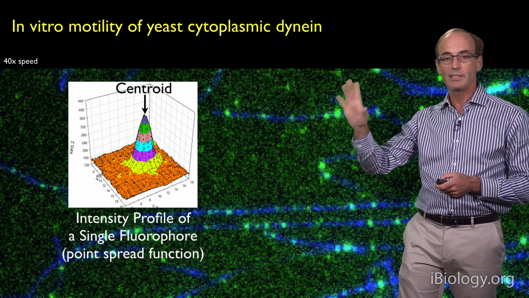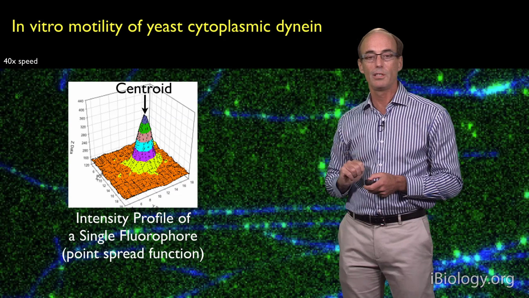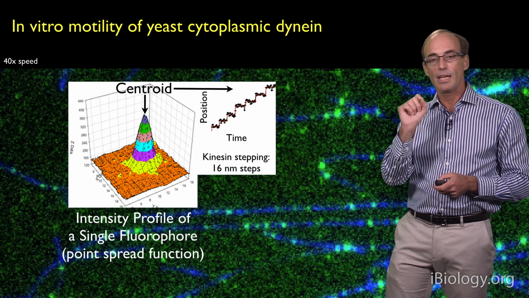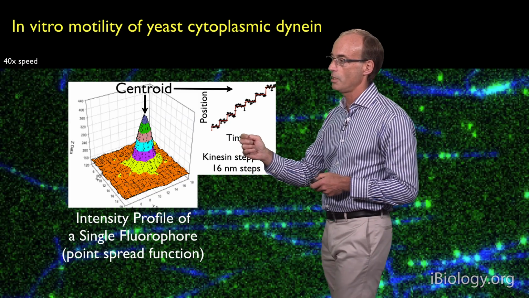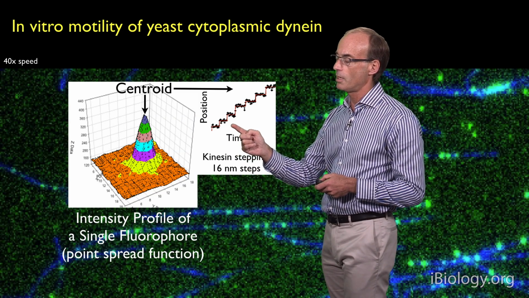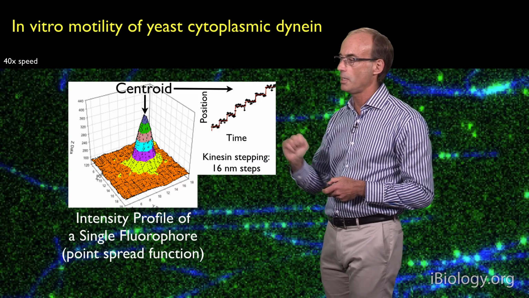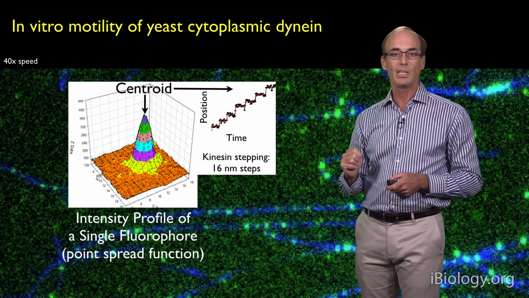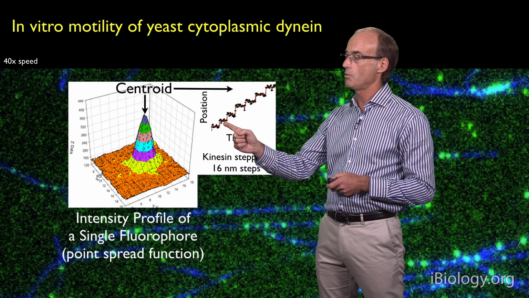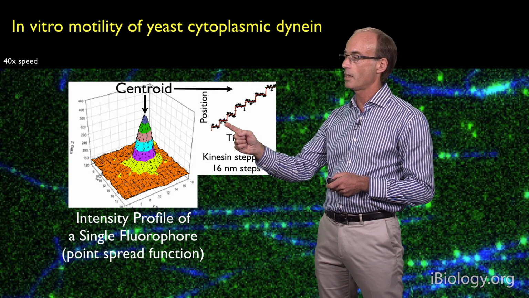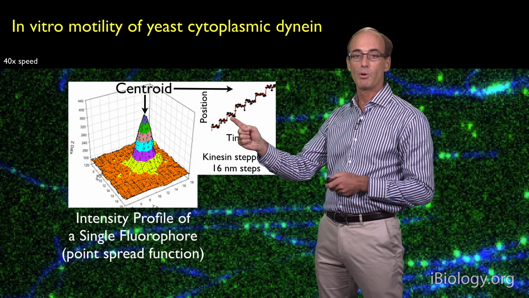Now, you can take successive snapshots of Dynein moving along the microtubule, and at each snapshot, you can mark the position of that centroid, and that's what all these individual data points are here. And this is for a kinesin molecule, but you can see, for example, here, the motor protein was pretty much stationary on the track, and then it took a jump forward.